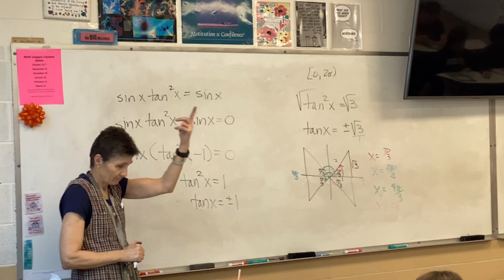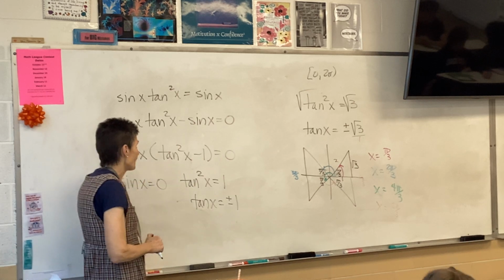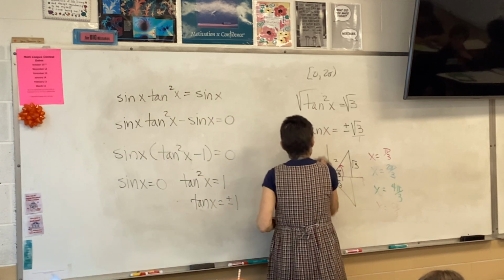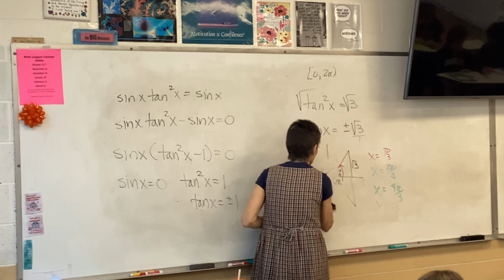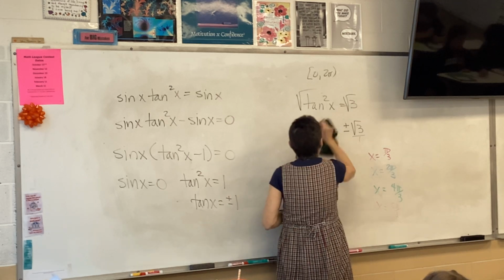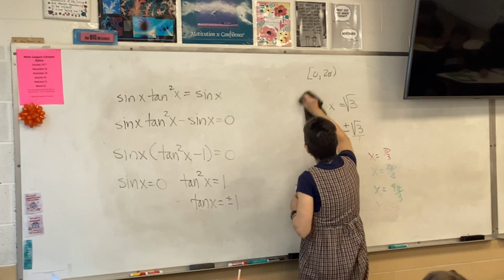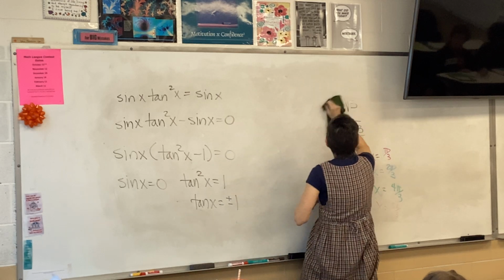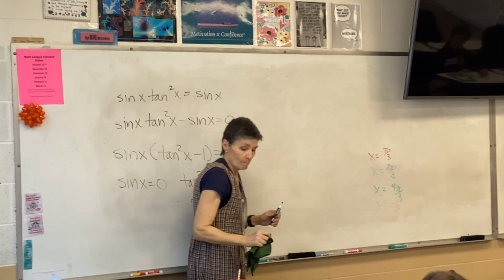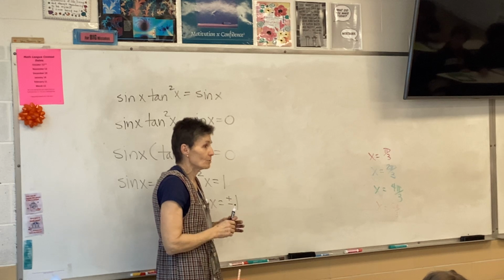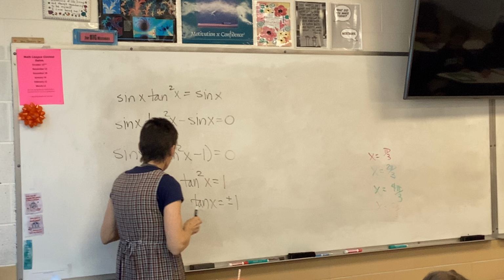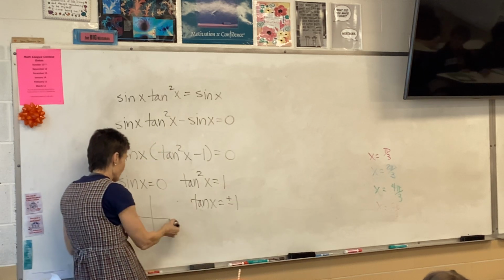All right, now, you are not done, because your job is to do what we just did here. You have to actually find the angles, all right? So, where does the sine equal 0? Now, you aren't gonna be able to draw a triangle, because opposite over hypotenuse, you can't have opposite be 0. There's no triangle with a 0. So instead, we look at our circle.